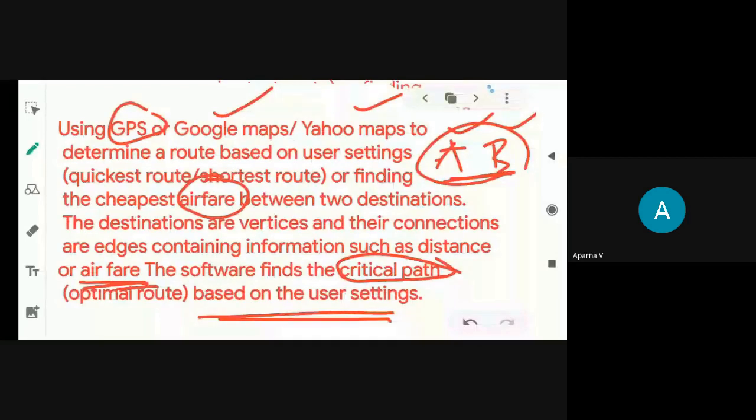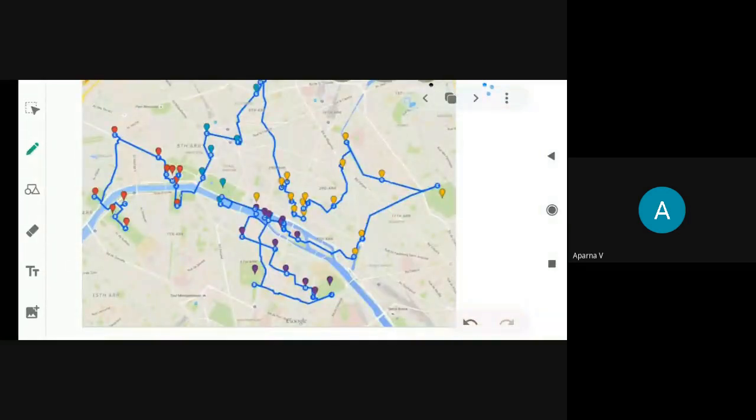Okay, this is a figure which illustrates Google Map location finding or a shortest route finding picture. See, these are vertices, and these are the road networks or the airfare network, something like that.